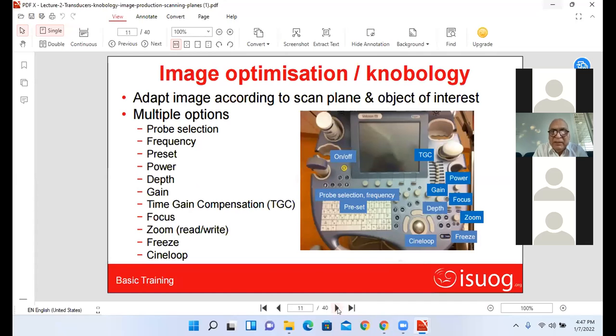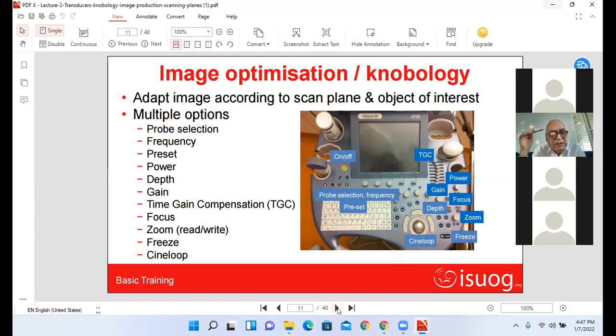Yeah, here again, here is the machine which is there. So some of the things here, I had told about 7 acoustic variables of sound.